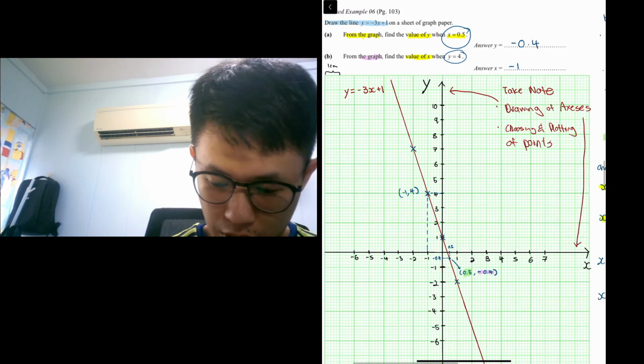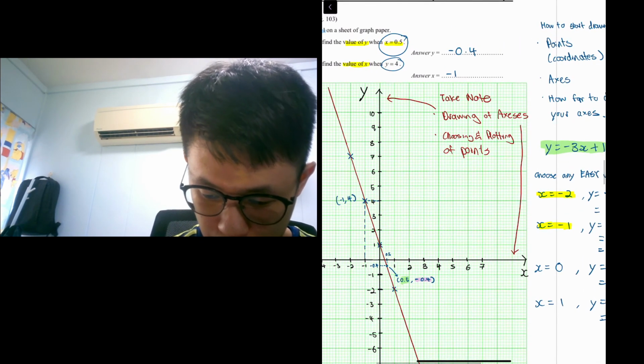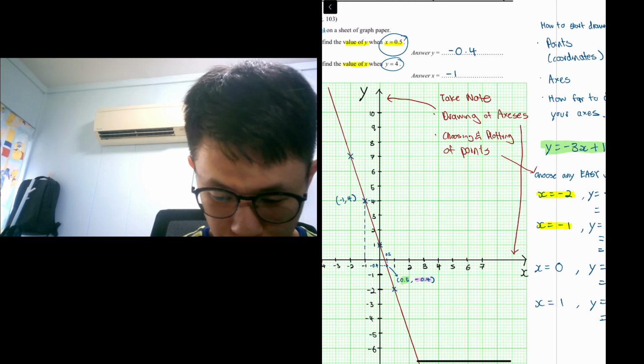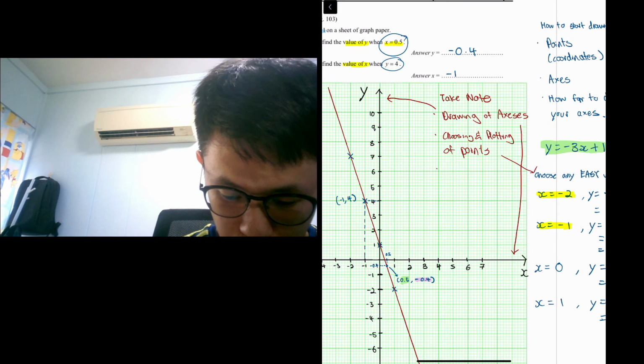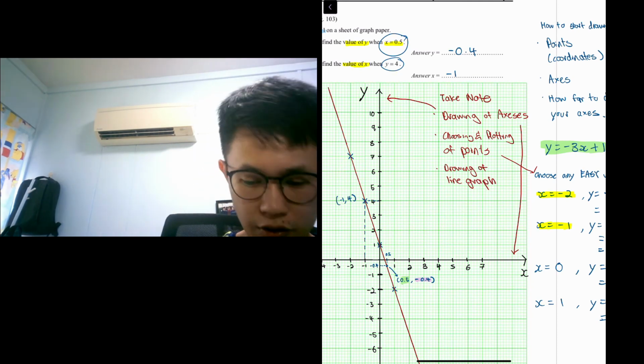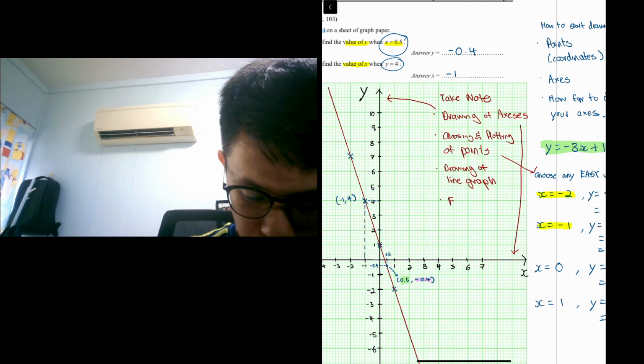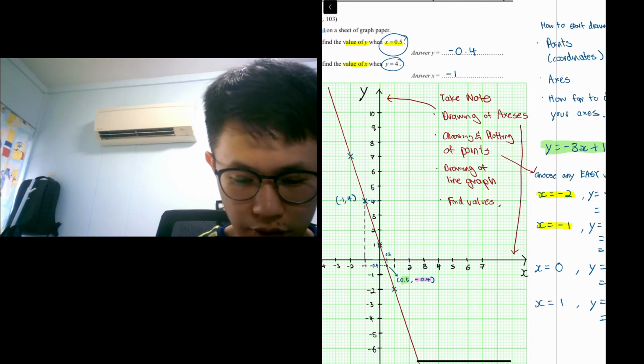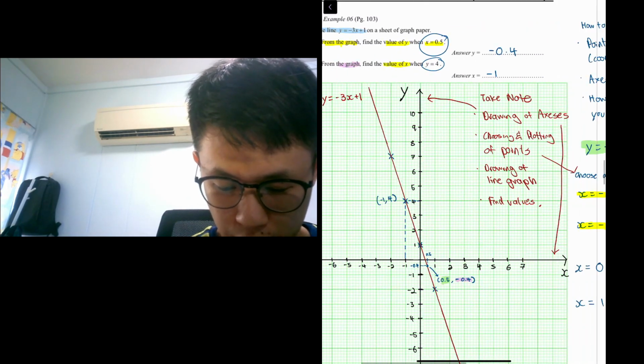How we did that is that I chose the points here. Choose any points and then I plot the points. Last but not least, drawing of graph. There are almost 3 steps here, and the last one is to find values of x and y whenever you do something.